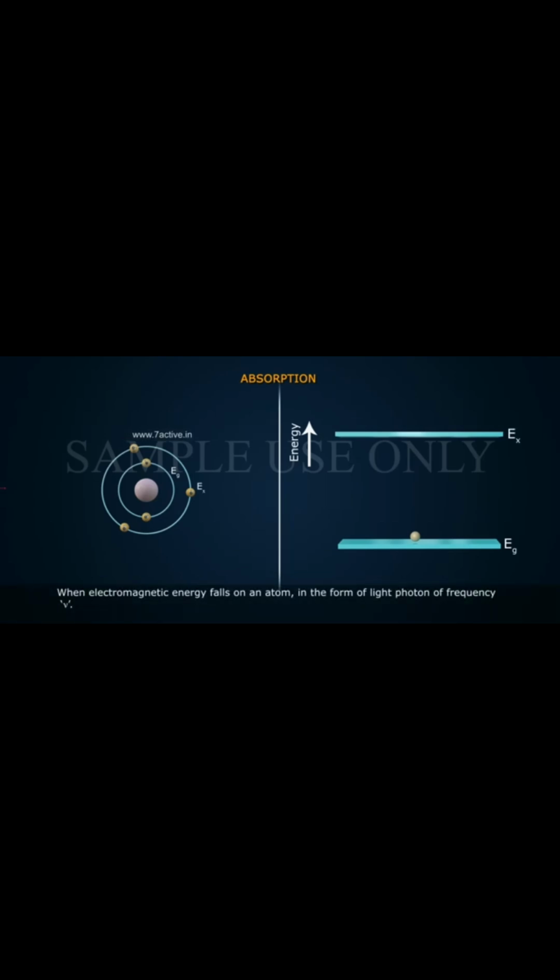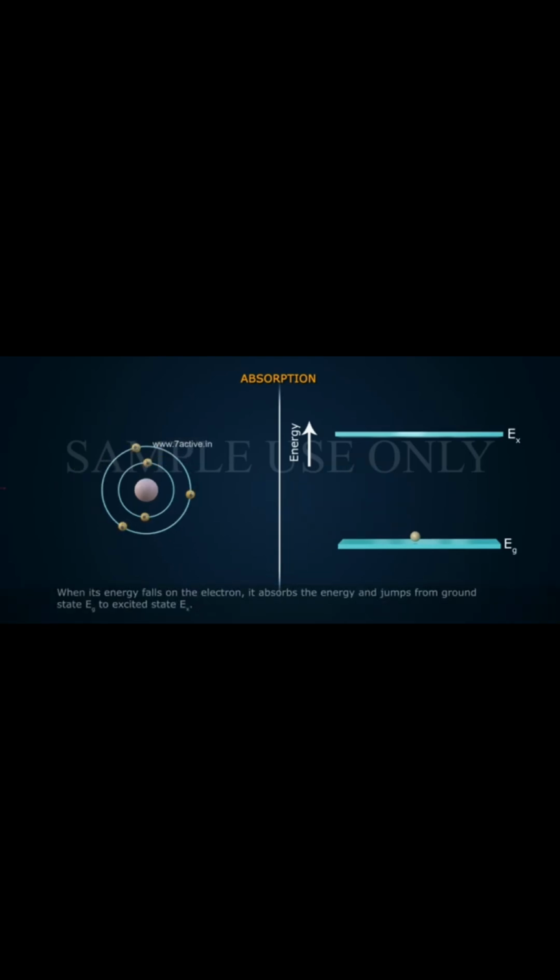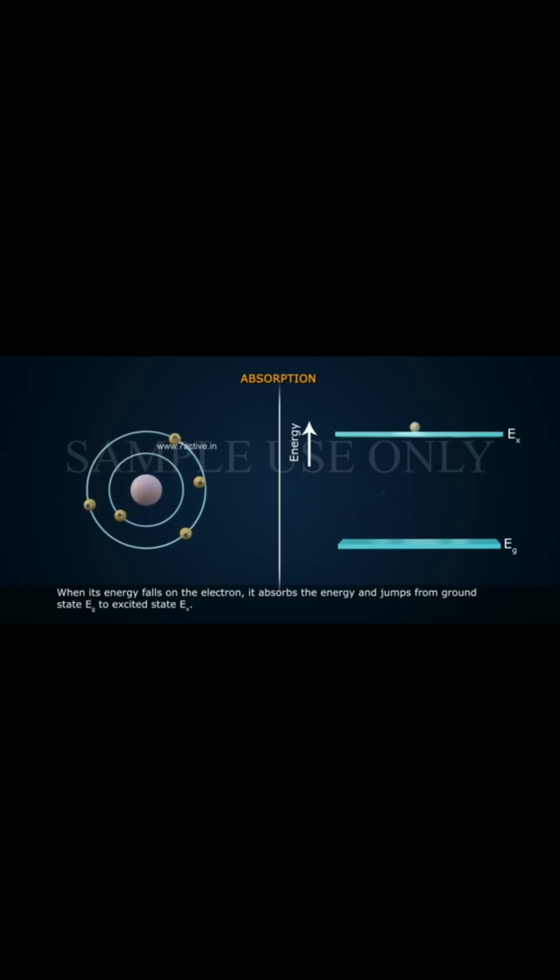When electromagnetic energy falls on an atom in the form of a light photon of frequency nu, where the electromagnetic energy is equal to the difference of Eg minus Ex, which is equal to h nu, the electron absorbs the energy and jumps from ground state Eg to excited state Ex.